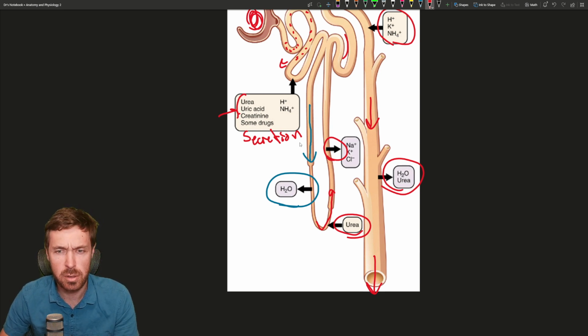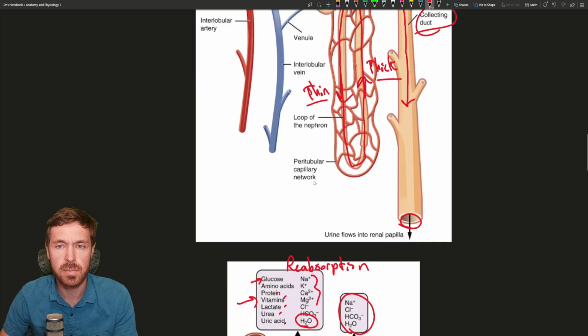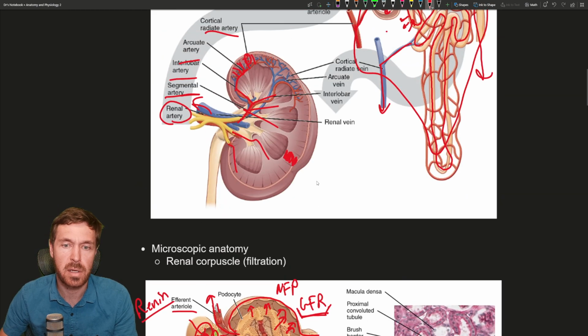Now, we didn't really talk too much about it here, but some of these loops of Henle can just be cortical, meaning they're mainly up here in the cortex and they don't come down too far. Some of them are called juxtamedullary, where they actually go further down into the pyramids right here. And then around them are capillaries called the vasa recta. The capillaries up here are just called the peritubular capillaries.